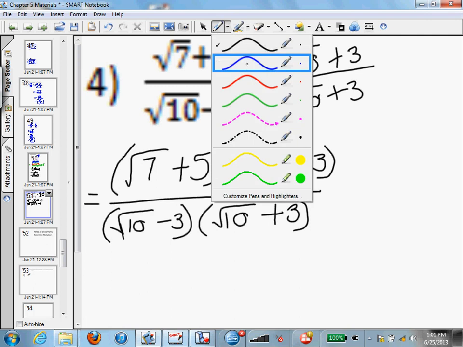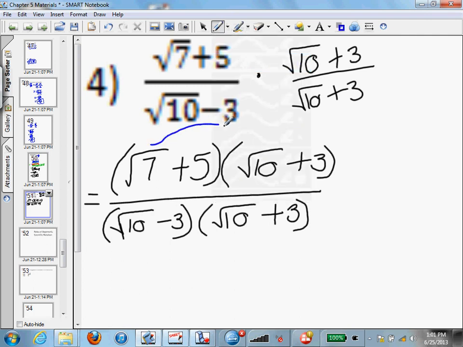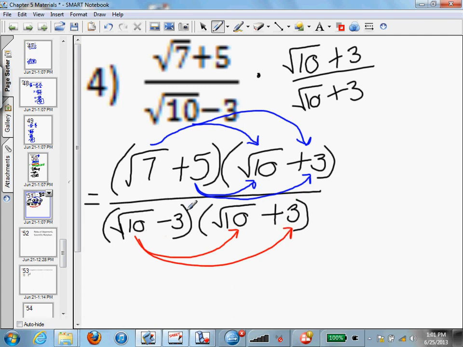Now let's use our foiling methods on top and bottom. So we'll take this square root of 7 and multiply it across everything inside this set of parentheses. And we'll take this 5 and multiply it across everything inside those parentheses. And on bottom, we'll do the same thing with the square root of 10, and then that negative 3 will get distributed across.